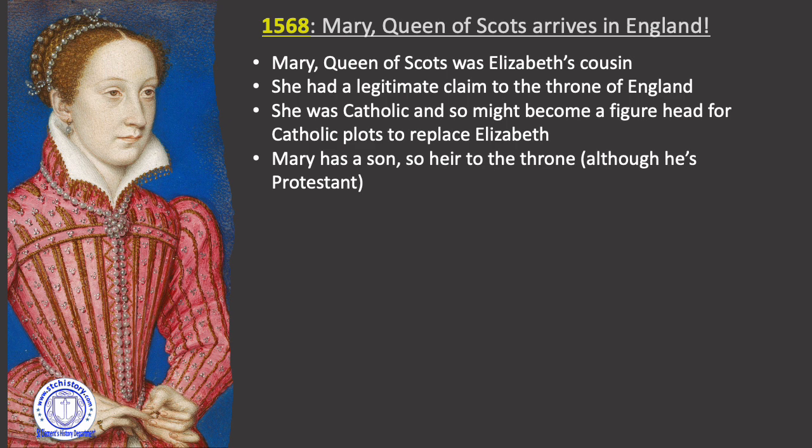If Mary Queen of Scots becomes Queen of England, then she's got a son. She's got the heir ready-made, good to go. The succession is sorted. That brings a bit of stability with it as well. Although the son, James, is currently in Scotland being raised as a Protestant. That possibly they feel they could overlook that, or at the very least, he's still quite young, so change his ways. But these are all the potential issues.